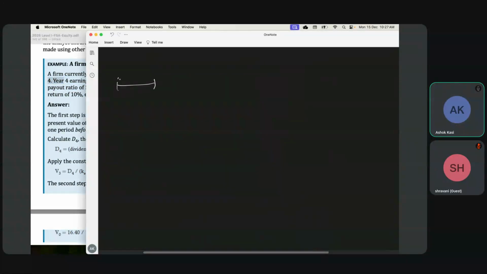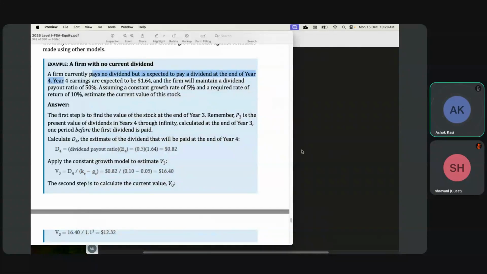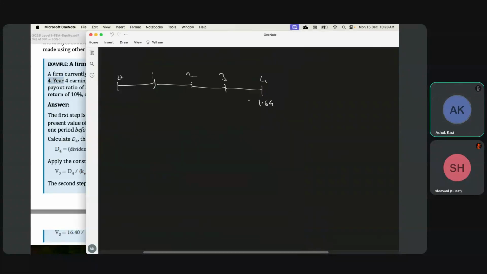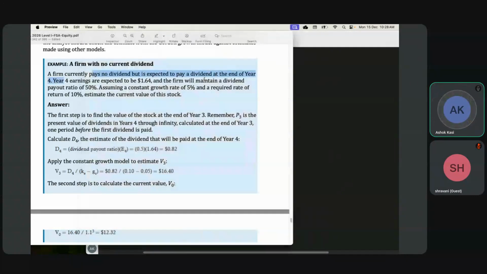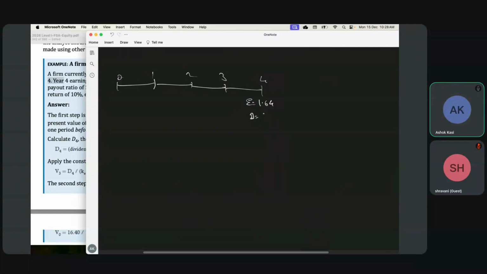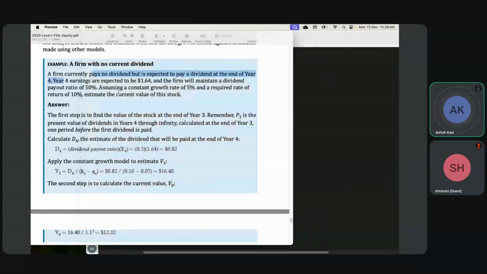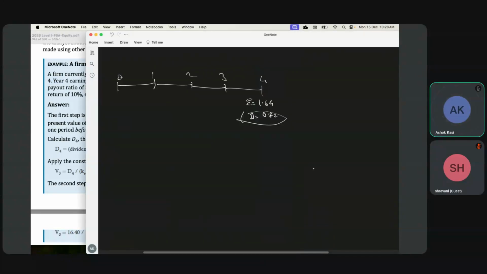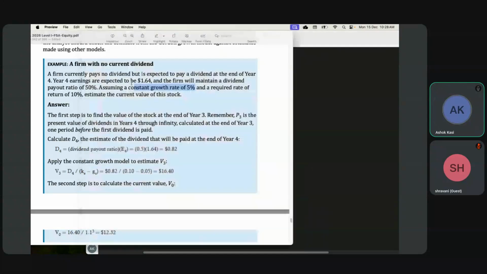So this is 1, 2, 3, 4. Year 4 earnings are expected to be 1.64. This is earnings, not dividend. And the firm will maintain a dividend payout ratio of 50%. So dividend will be 0.82, correct? Assuming a constant growth rate of 5% and a required rate of return. Constant growth means I can use Gordon growth model.